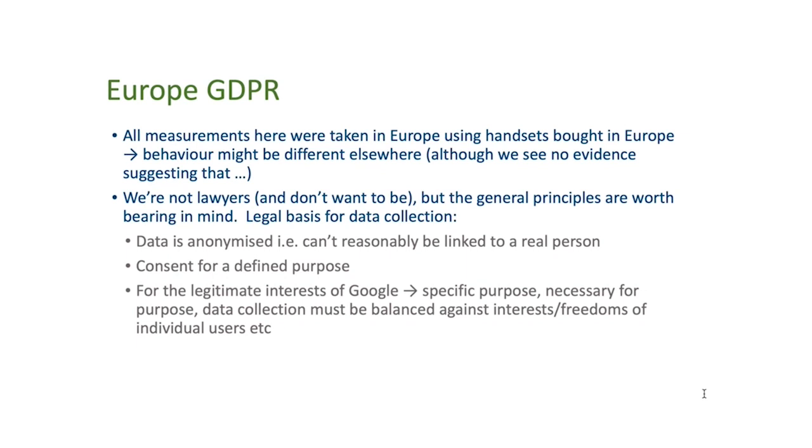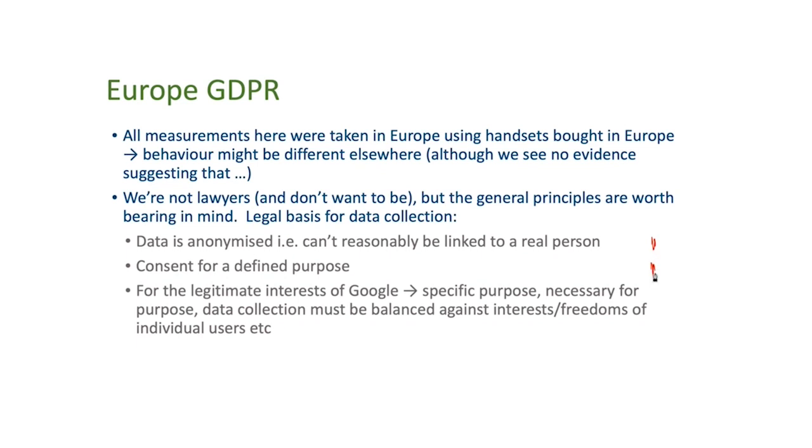We're not going to go down a legal analysis of what's going on here, but I'd like to bring up the three legal bases for data collection, because they help to think about the privacy aspects. One is that data can be collected if it's anonymous, so it can't reasonably be linked to a real person. That doesn't apply here because of the way the data is tagged with the Android ID.